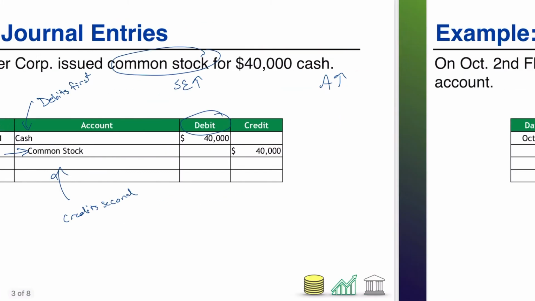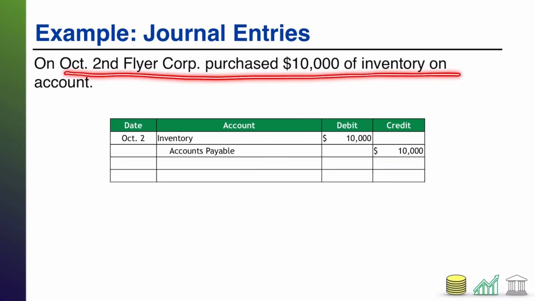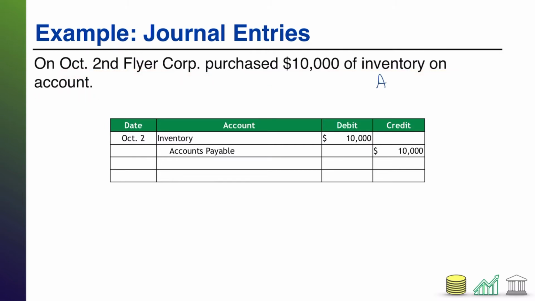All right, let's look at another one. On October 2nd, FlyerCorp purchased $10,000 of inventory on account. So inventory is an asset going up. We're going to put our date and list inventory first, because when an asset goes up, that's a debit to inventory for $10,000. On account is the phrase we use when you have bought something and you agree to pay for it later.